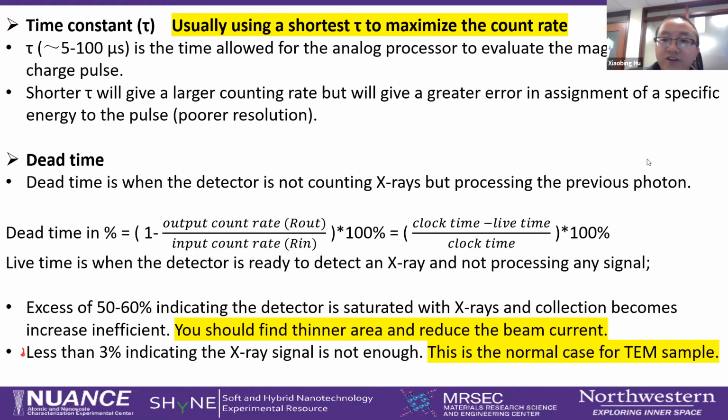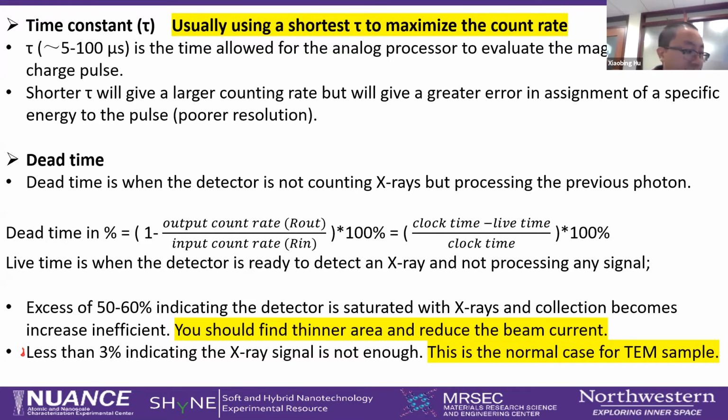Another thing you need to pay attention to is the dead time. The dead time is when the detector is not counting X-rays, but processing the previous photons. That means there are too many X-ray signals, and the detector cannot process them quickly.